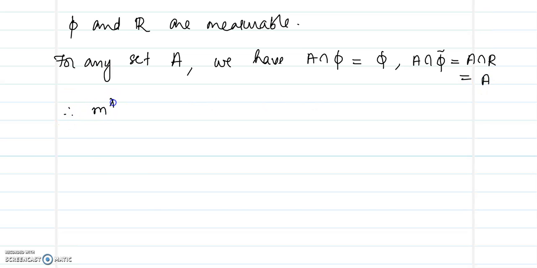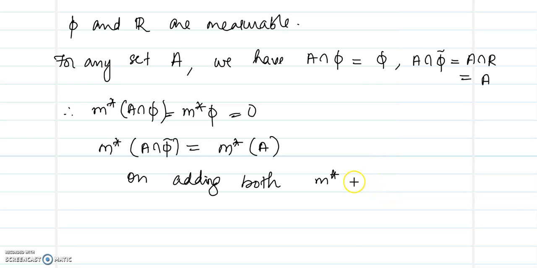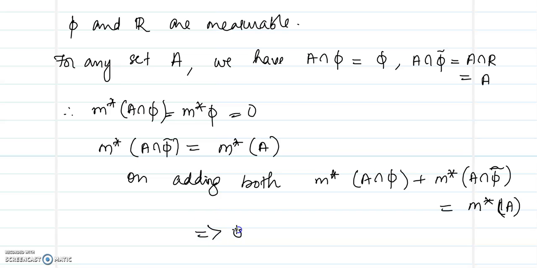So m star of A intersection phi will be equal to m star phi, which is 0, and m star of A intersection phi complement will be equal to m star of A. On adding both, we get m star of A equal to m star of A intersection phi plus m star of A intersection phi complement, which is equal to m star of A. So that implies phi is measurable.